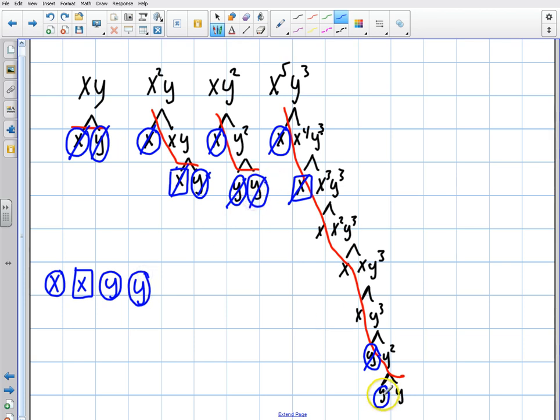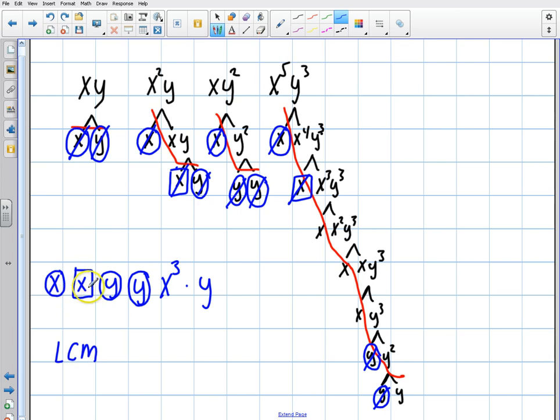Cross it out like that. And now what's left? Is there anything left that's shared? No, we look at all our prime factors. They're all crossed out over here. The only thing that's left here is x to the third. That's left over. Right, I have x times x times x, and I just have a y here. Okay, so how many x's do I have if I'm finding my least common multiple here?